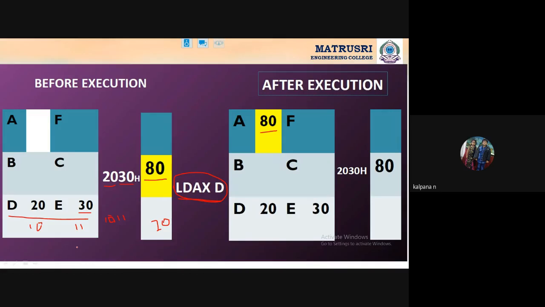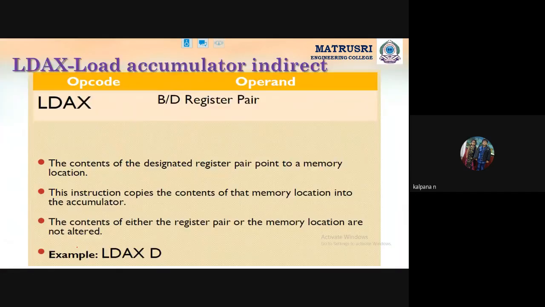LDAX. The instruction copies the content of that memory location into the accumulator. And who has this memory location? The particular register pair which we mention in the instruction consists of the memory location.